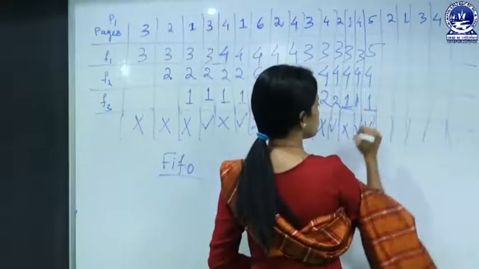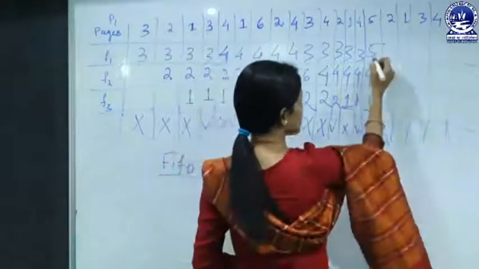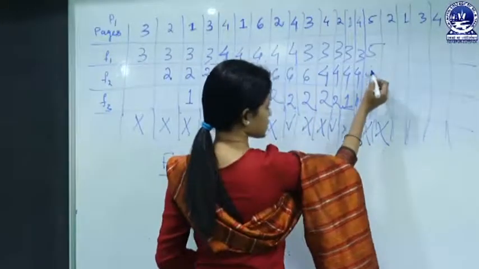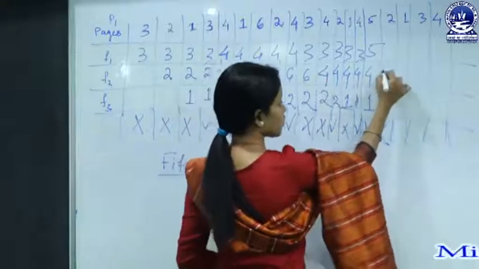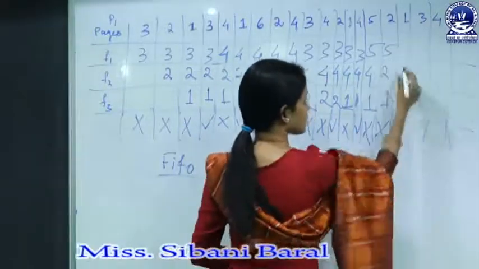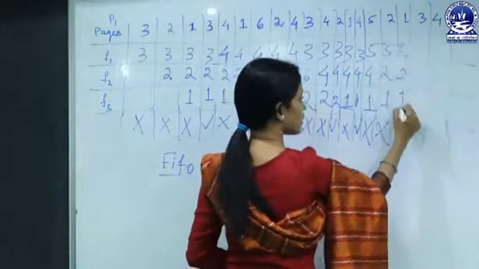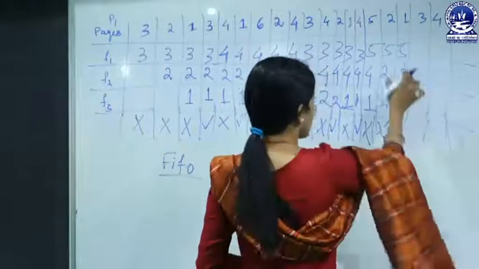Next 2 is not there in the main memory, so miss. So in place of 4 we put 2: 2, 5, 1. And next, yes, 1 is there in the main memory, hit: 5, 2, 1. Next is 3.